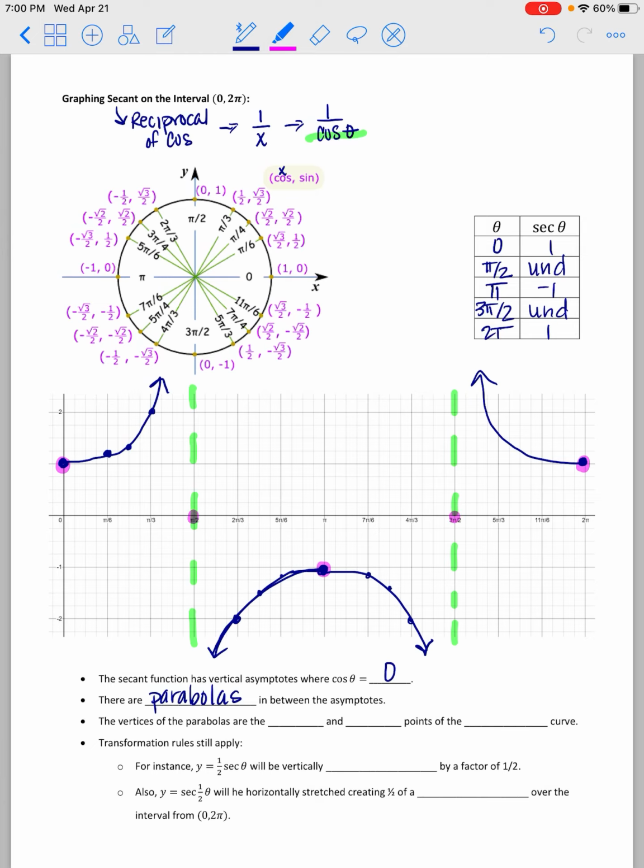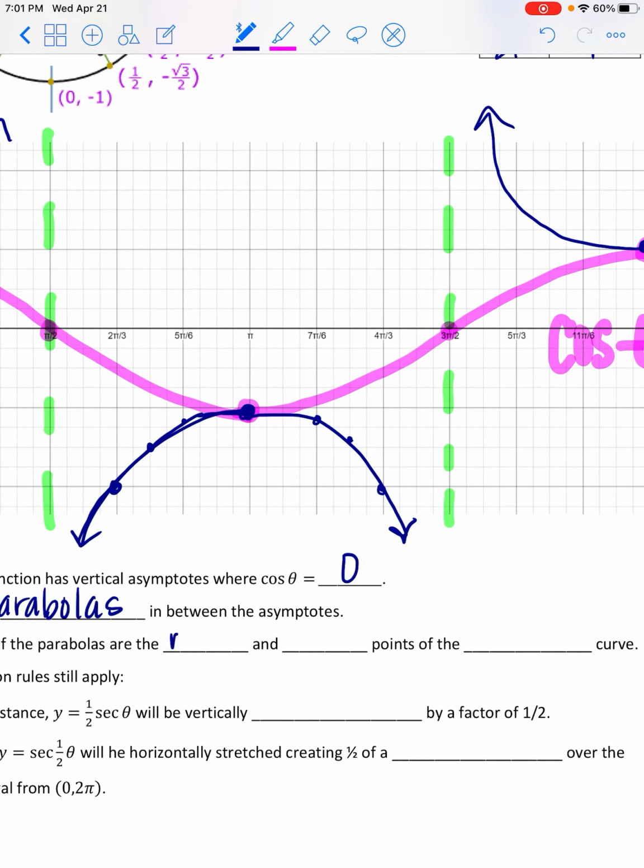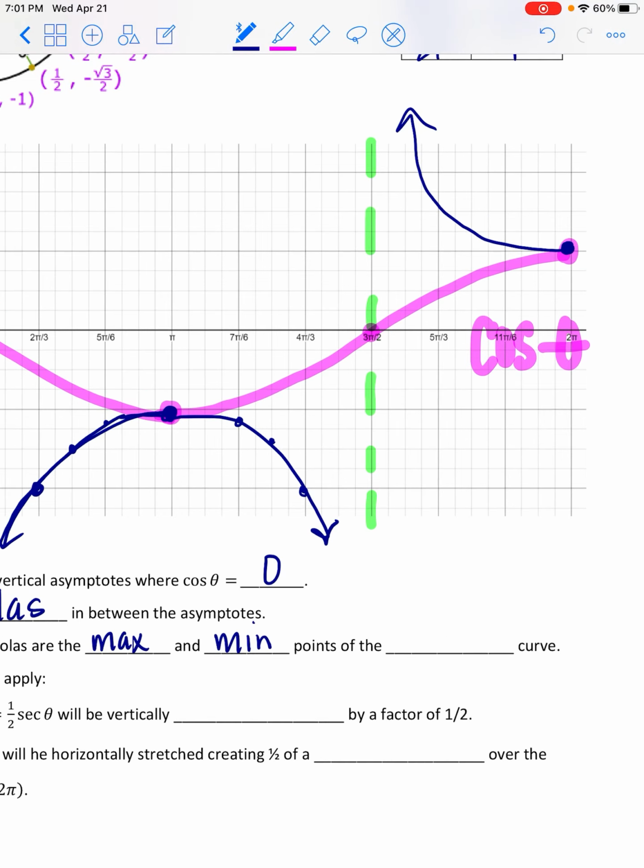If I was to sketch my cosine curve into my secant graph, notice that the maxes and mins hit those vertices perfectly. So that is the cosine of theta that I drew in there. The vertices of the parabolas are the max and min points on my cosine curve.